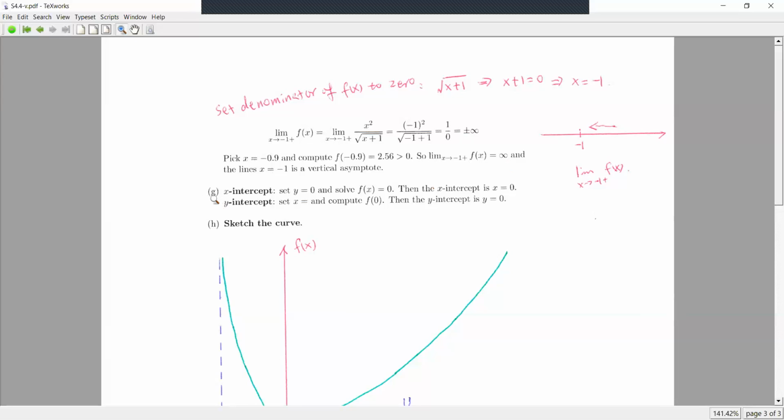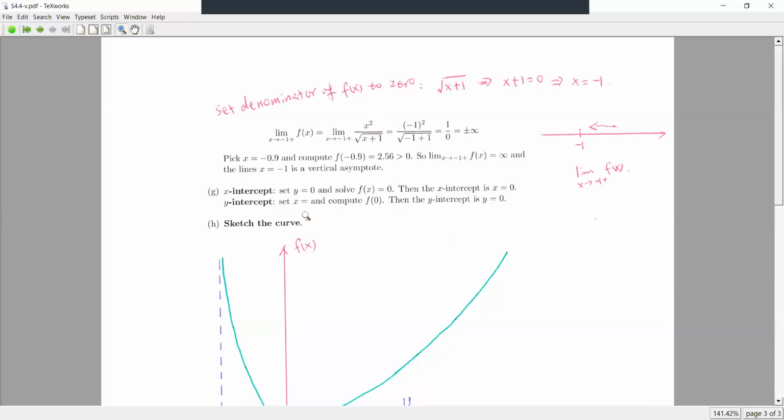Step number 7. Determine the x-intercept and y-intercept. How to get the x-intercept? Set the function f equal to 0 and solve the equation, then I get 0. So the graph of the function f crosses the x-axis at the origin.